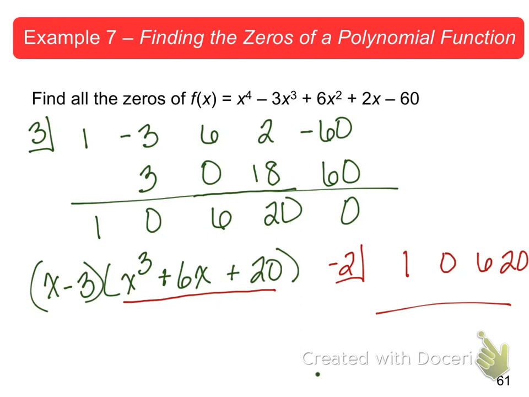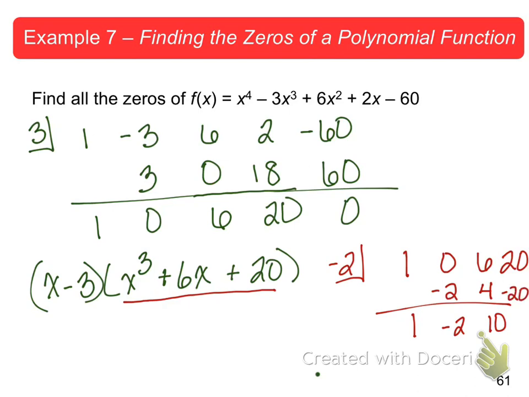Okay? So I bring my 1 down. Let's see if I don't mess this up this time. Negative 2 times 1 is negative 2. 0 and negative 2. Negative 2 times negative 2 is positive 4. 6 and 4 is 10. Negative 2 times 10 is negative 20.